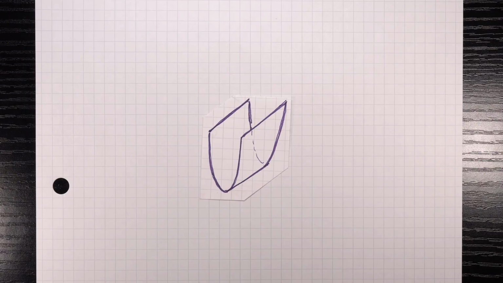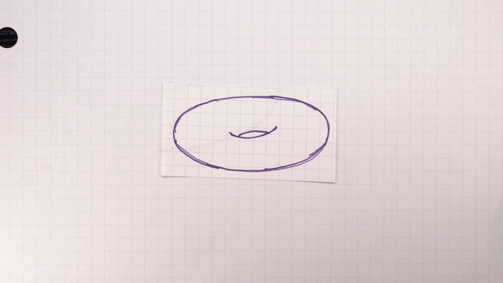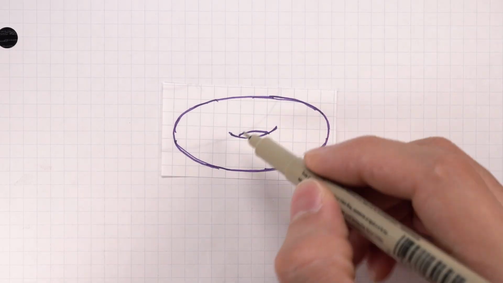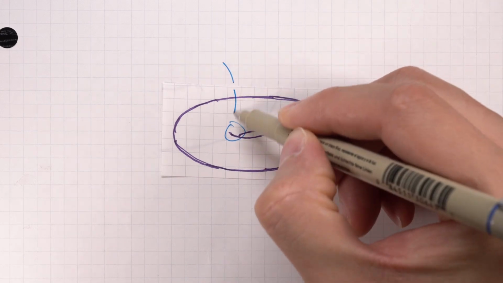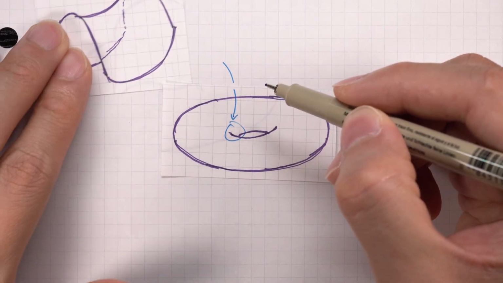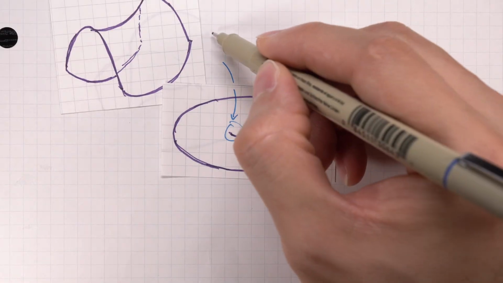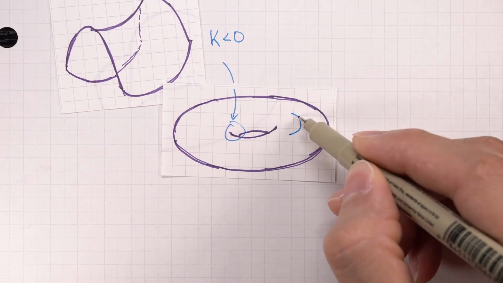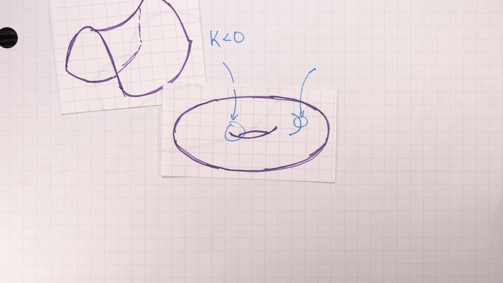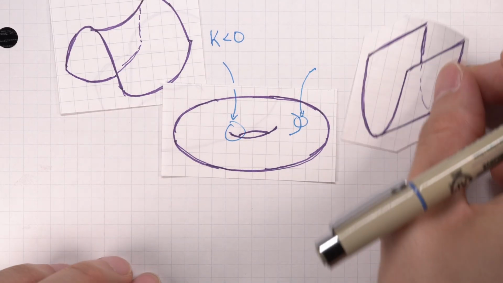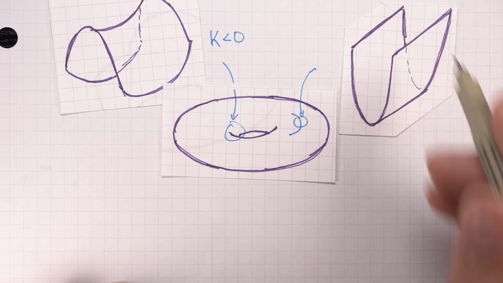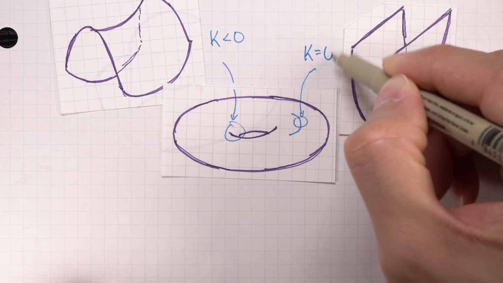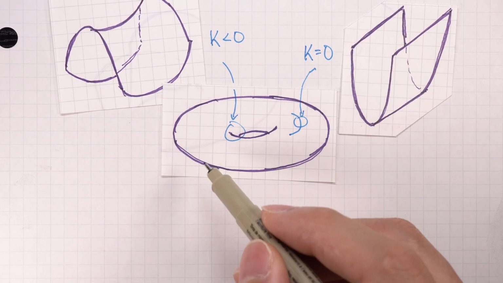But I want to get back to this donut that we started the video with to summarize what we now know. First, this inner rim here, at least locally, looks kind of like a saddle shape, and that means it has negative curvature. On top, we get a bit of a flat spot that looks kind of like we're bending this piece of paper, and so here we get zero curvature.